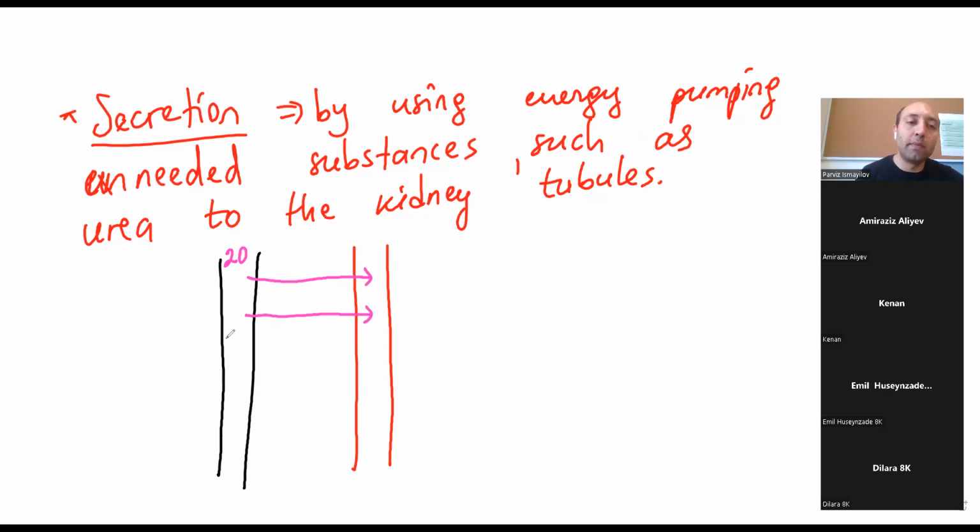After a period, in both environments, the amount of urea is 10 milligrams. You know that in this case, there's no diffusion, no passive movement, because concentrations are equal. But if I want to send this 10 milligrams out, I will use energy. I will use energy to pump this urea out. This is known as secretion.